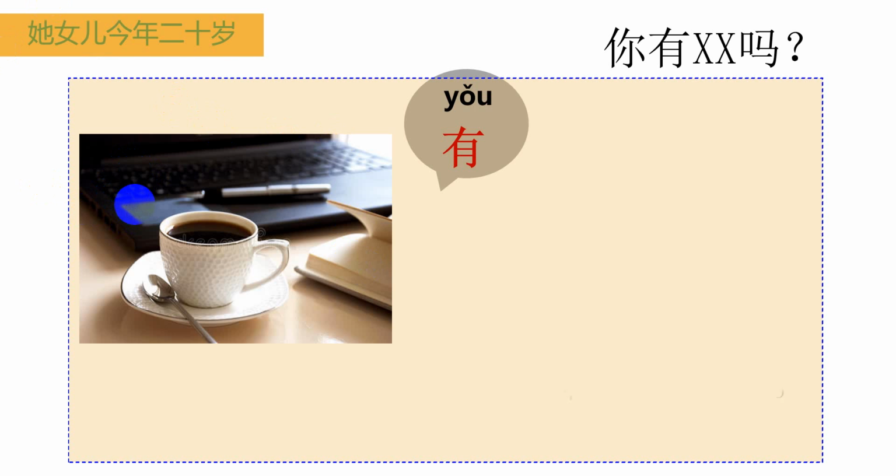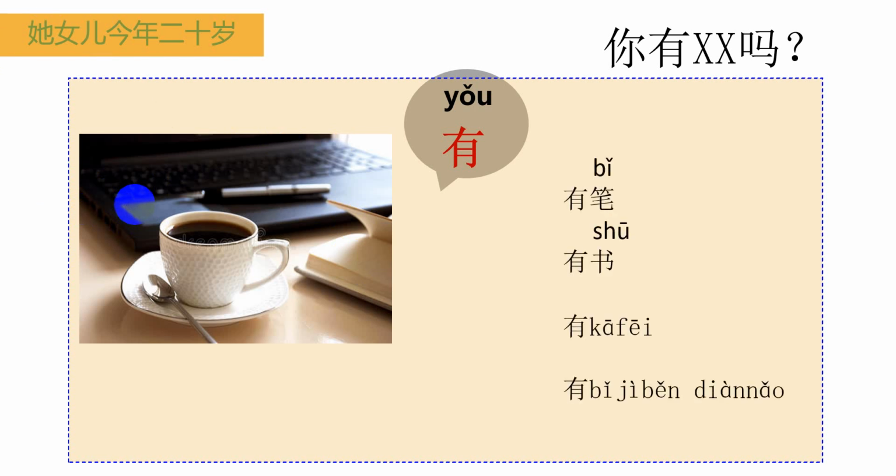Okay. So we can see what's on the desk. Desk, 桌子. If I say 桌子上有什么? Now, what's on the desk? There is a pen, 有笔. There is a coffee, 有咖啡. There is a book, 有书.